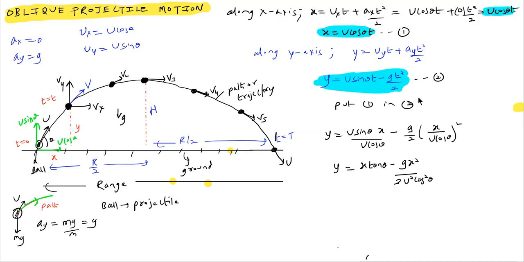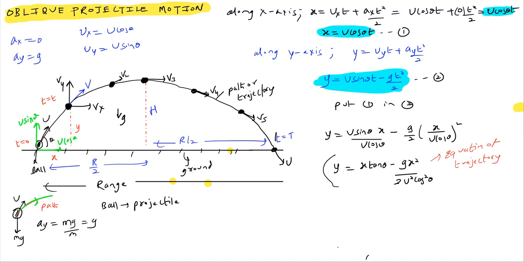This is what we call the equation of trajectory, a mathematical equation which will determine the path of the trajectory.